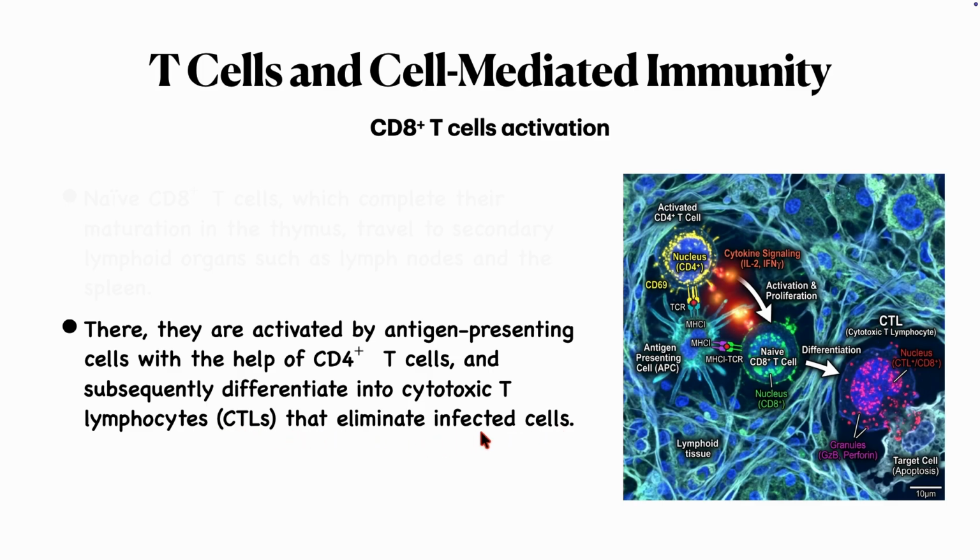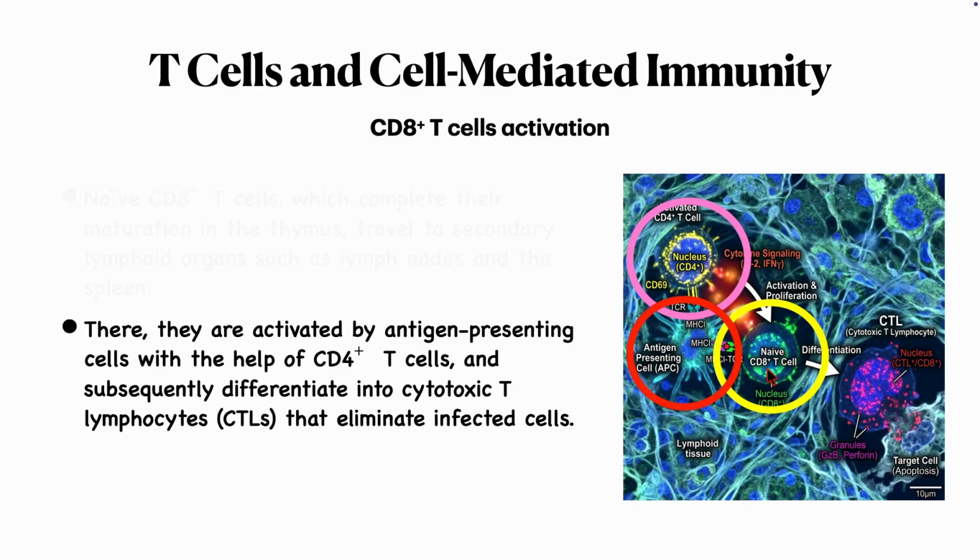In the diagram on your right, you can see that naive CD8 positive T cell in the yellow circle is activated by antigen presenting cell in the red circle with the help of CD4 positive T cell in the pink circle.